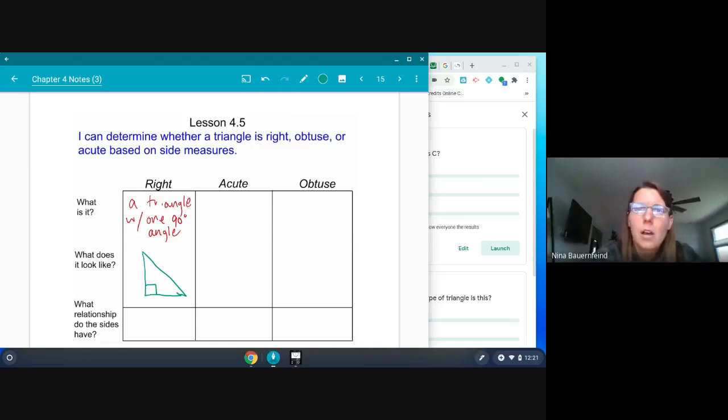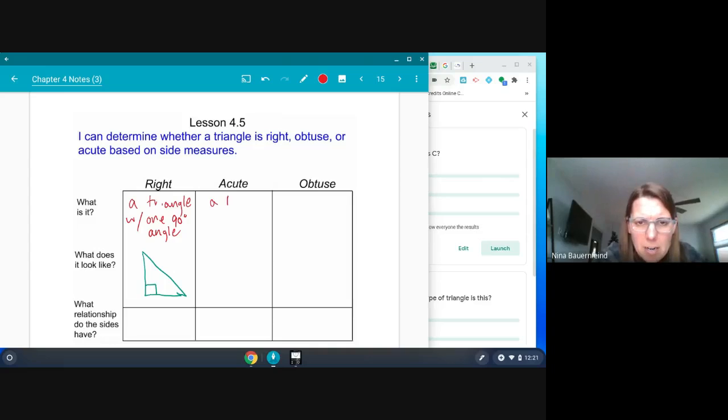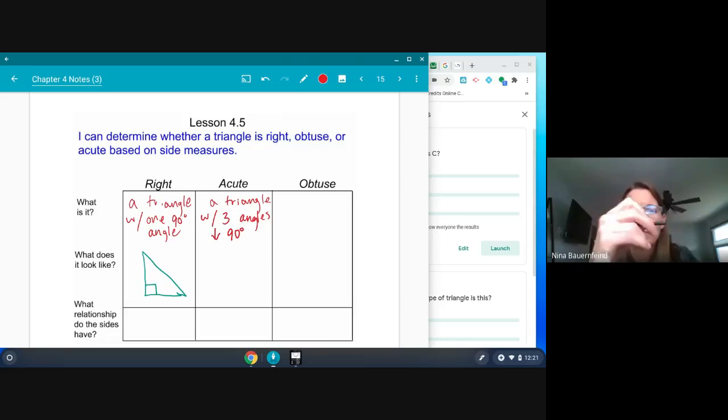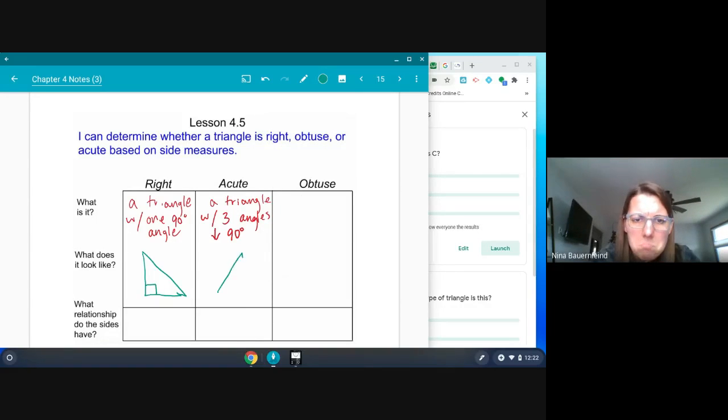Okay. And then acute is a triangle with 3 angles below 90 degrees. So like 70, 60, 50 or whatever. What that one's going to look like is maybe like this.